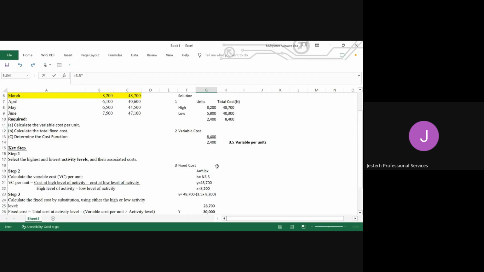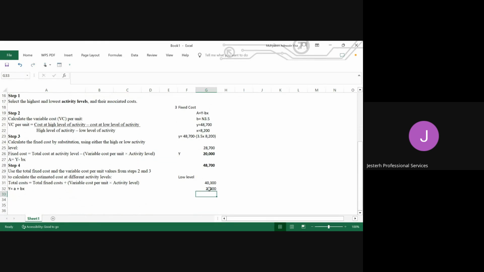by the lower level of activities, which is 5,800. Now you can see that our total variable cost for the lower level of activities is 20,300, while the total cost associated to the level of activities is 40,300.